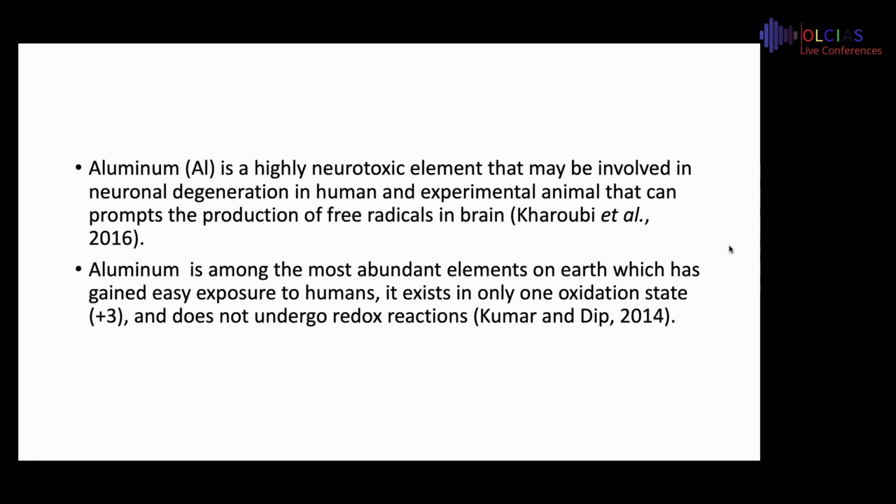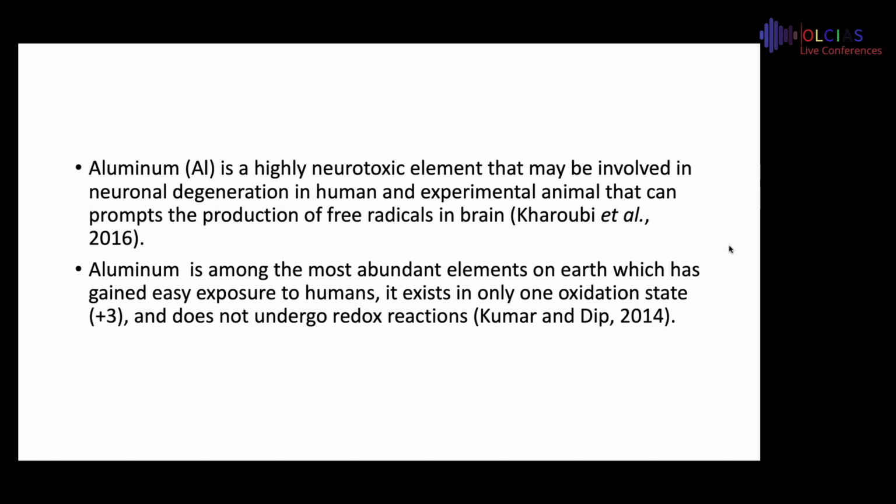Now, we have three major adverse effects of aluminum chloride. The first one is that aluminum has the ability to prompt the production of free radicals, and these free radicals can build up and accumulate in the brain, and then cause neurodegenerative events such as aging and Alzheimer's disease.